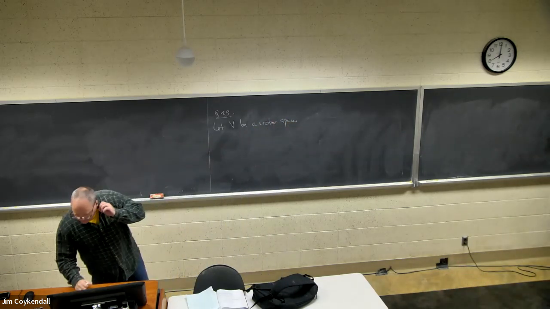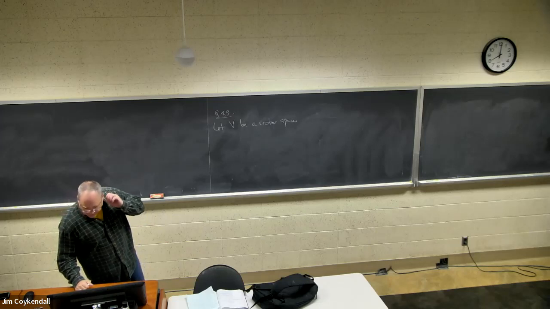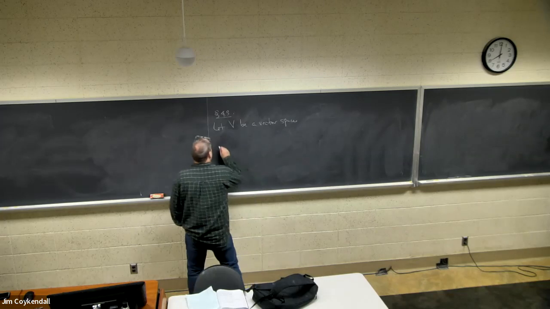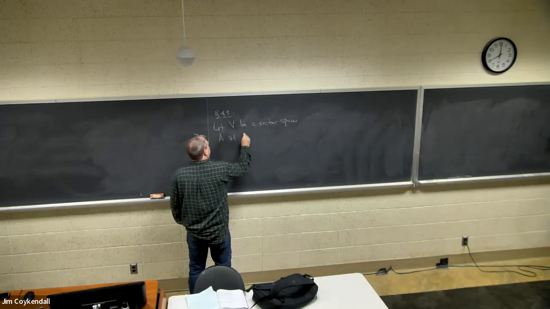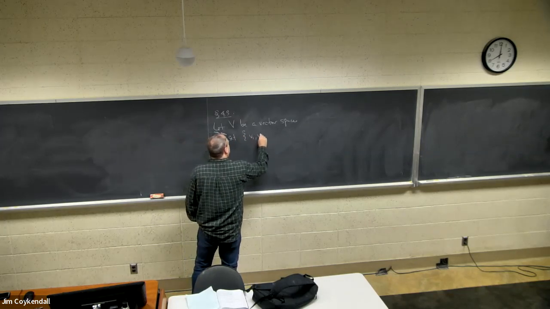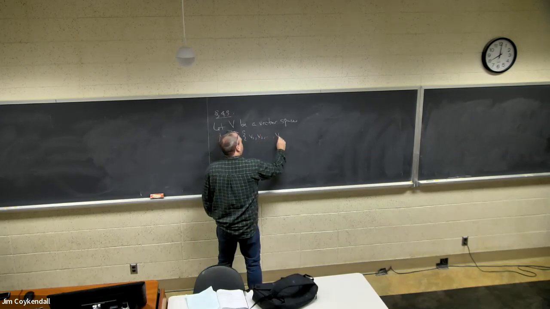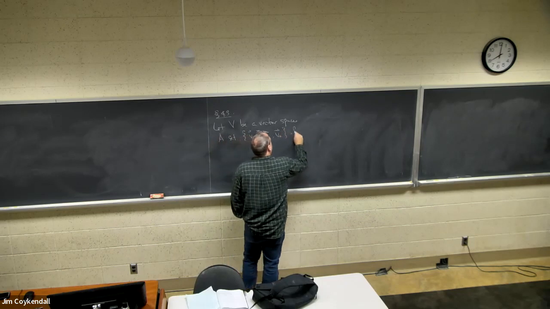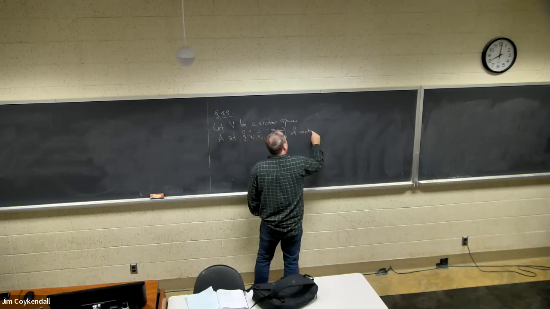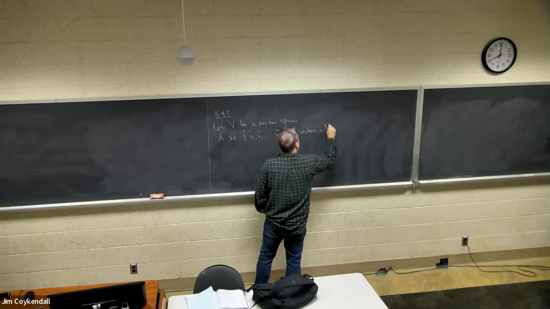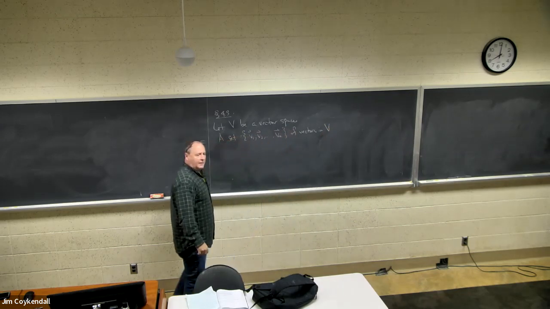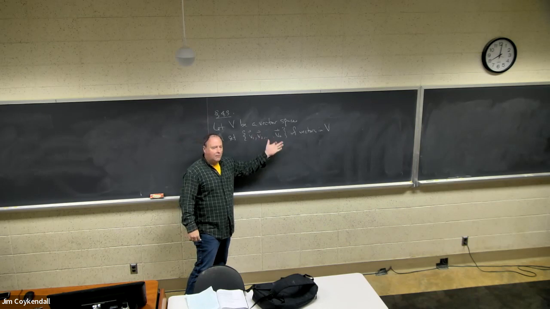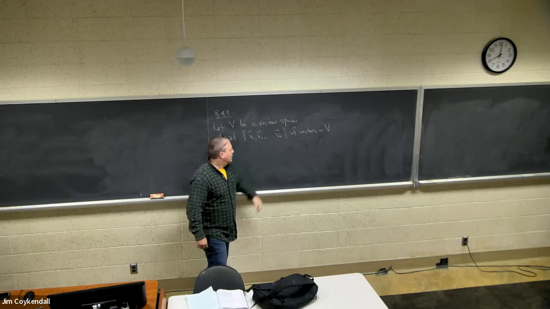Suppose that D is a vector space. A set of vectors in D, B1 up to BK, are all vectors that live in D.